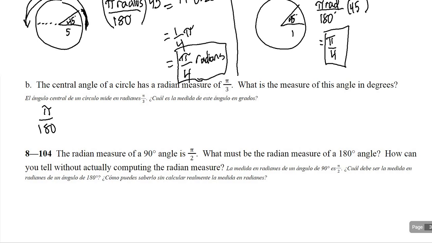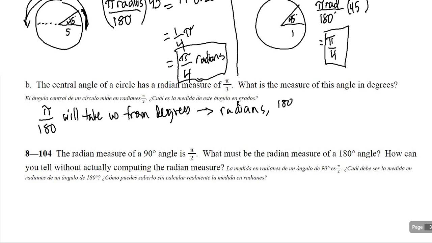So we have pi over 3, and we're going to multiply that by 180 over pi, which is 180 over 3, which is 60 degrees. And that's what we thought it should be, because we were about a third of the way to pi.